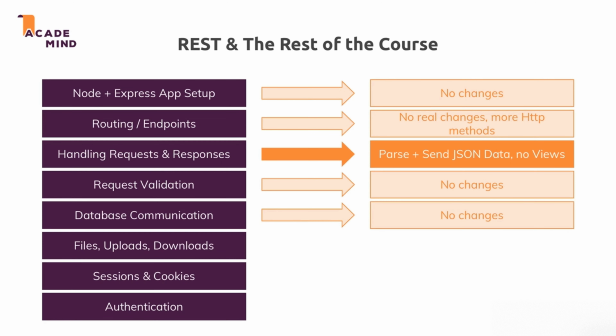Database communication, so working with a database, be that a SQL or NoSQL database, also does not change. This happens on the server side in a controller action typically, and the code we write there is not affected by the data we exchange or by the fact whether we render a view or if we send around JSON data.